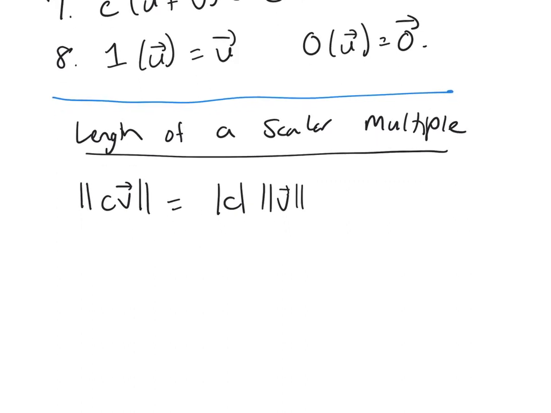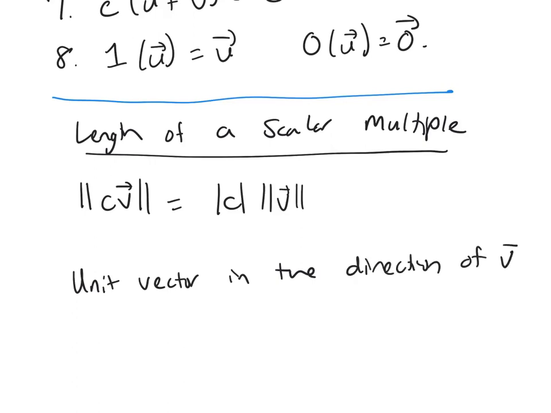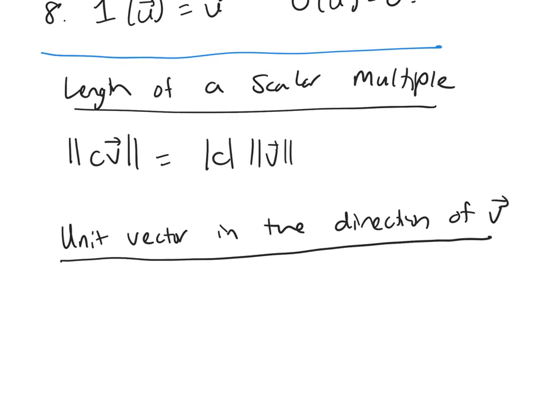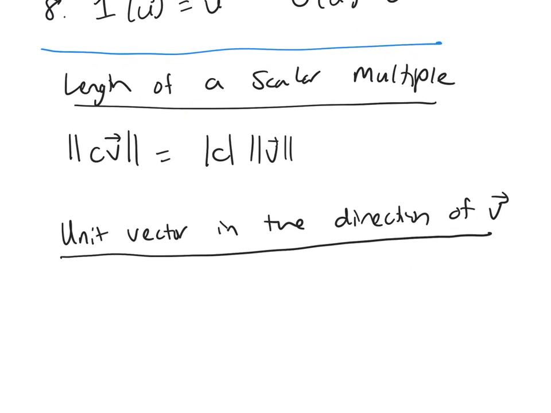All right, so now for the final topic, let's talk about the unit vector in the direction of v. Sometimes we have a vector that's not a unit vector, but we want to turn it into a unit vector. So how do we do that?